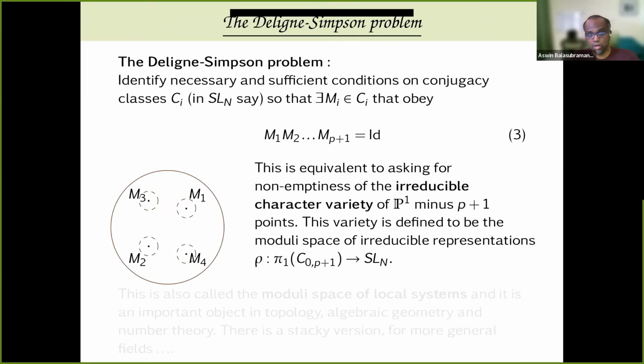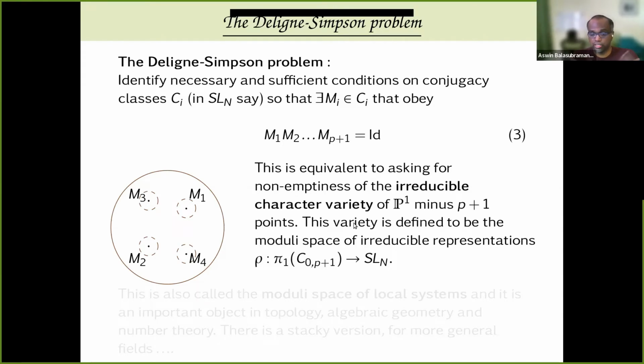Basically, you ask for necessary and sufficient conditions on conjugacy classes Ci, which for simplicity I'll take to live in SLN instead of GLN, such that there exist representatives Mi in these conjugacy classes that obey the matrix equation that says the product of all of them should be the identity matrix.